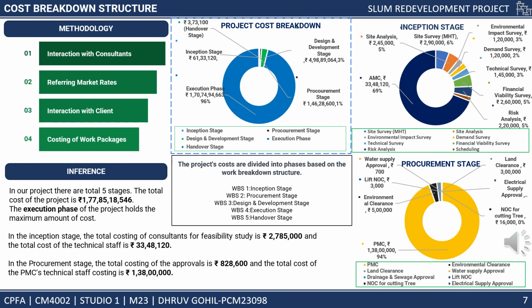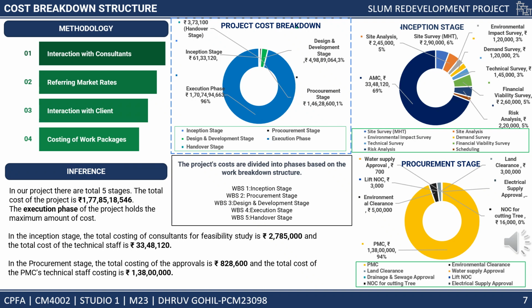After the work breakdown structure, the cost breakdown structure is initiated. The methodology for developing a comprehensive cost breakdown structure involves a systematic approach to ensure accuracy and transparency throughout the project lifecycle. Firstly, interaction with the consultants is paramount to gain insight into specialized expertise and industry best practices.